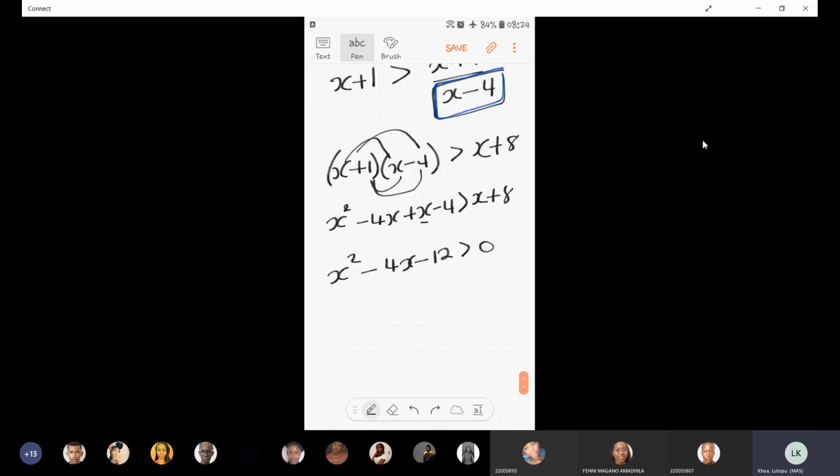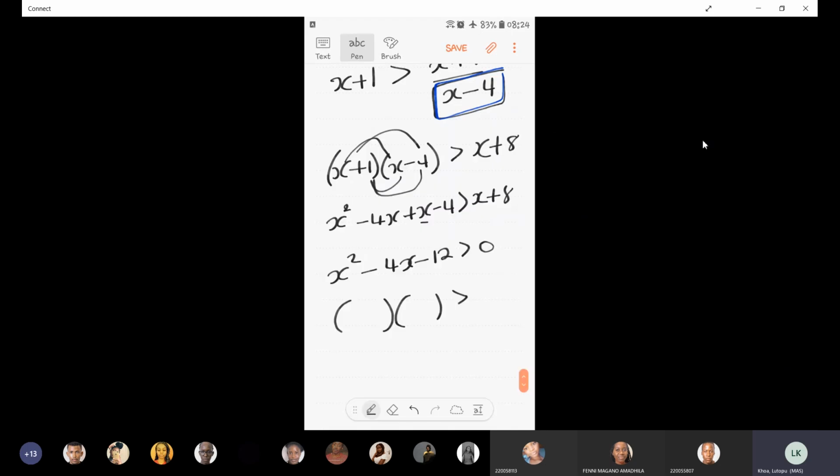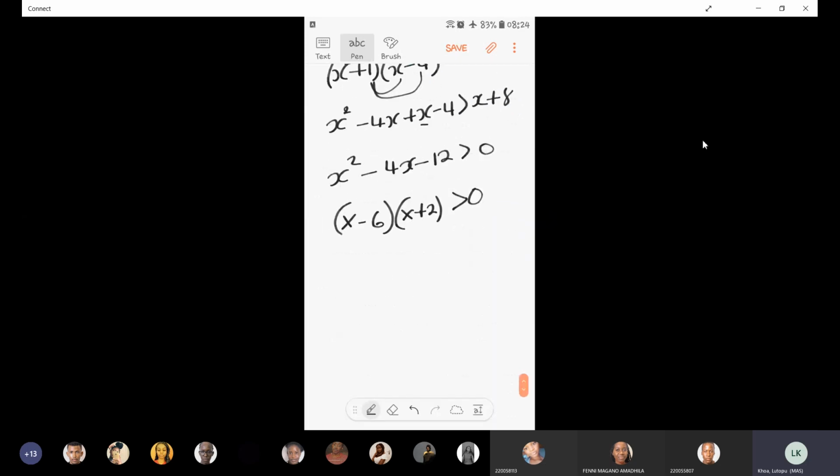Then from a logarithmic inequality, we end up with a quadratic inequality. We know how to solve that one. We need to factorize. So you look for two numbers. When you multiply them, the answer is negative 12, and when you add them, the answer is negative 4. So that is negative 6 and positive 2. Then from here, what you do, you find your critical points.